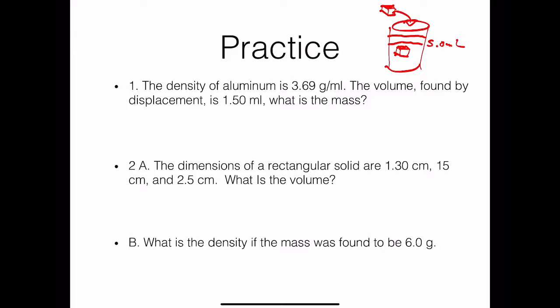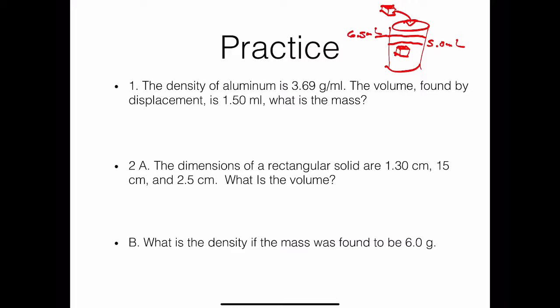Say the new volume comes up to 6.5 milliliters. In this case, as stated in the problem, the volume found by displacement is 1.50 milliliters. That tells us that the sample took up 1.5 milliliters of three-dimensional space.